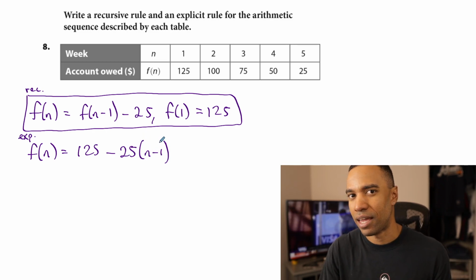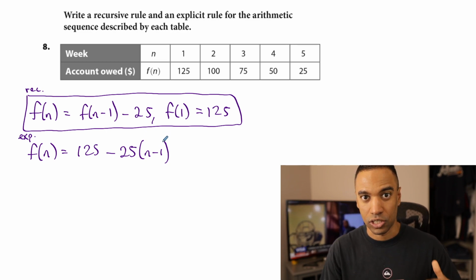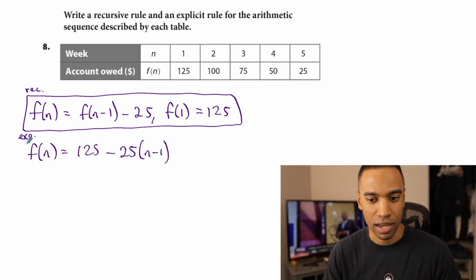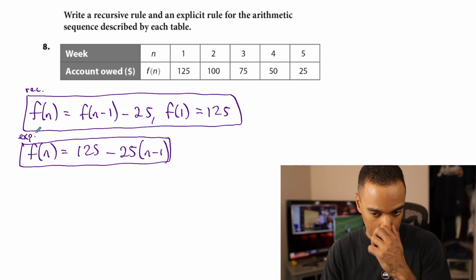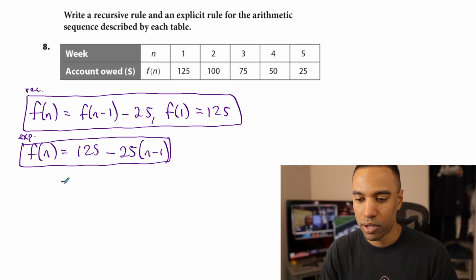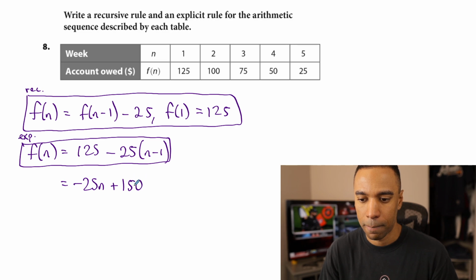Remember, if it was 25n, I'd be multiplying by 25 the same number of times as the number of terms I have. If that kind of makes sense when I say one less time. If I distributed the negative 25, it would be negative 25n plus 150.